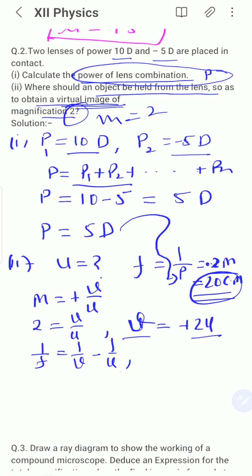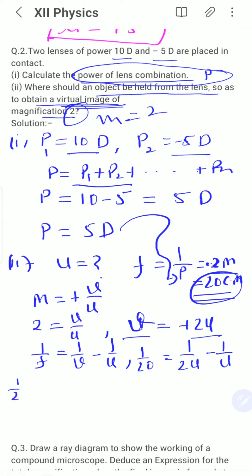What are those values? I am doing here 1 upon 20 is equal to 1 upon 2u, in place of v I am putting 2u, and the u will remain as it is. So we can take the LCM here, 2u.